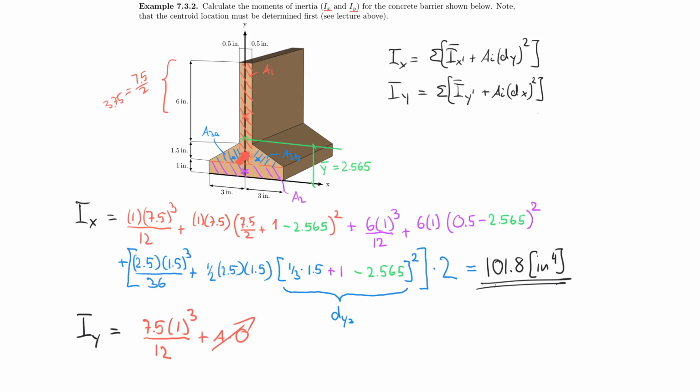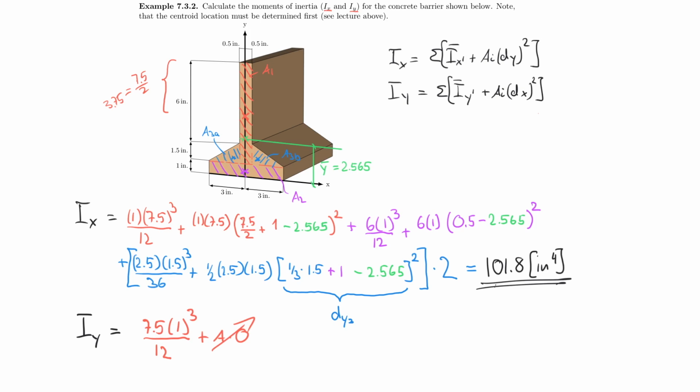I explain that one more time. This distance of the centroid of the individual shape of A1 to the centroid of the total shape is 0 because we're dealing with the x direction, right? So we're dealing with dx here. So that would be the distance in the x direction, and that is 0 actually for all elements here, for A1, A2, except for the triangles.